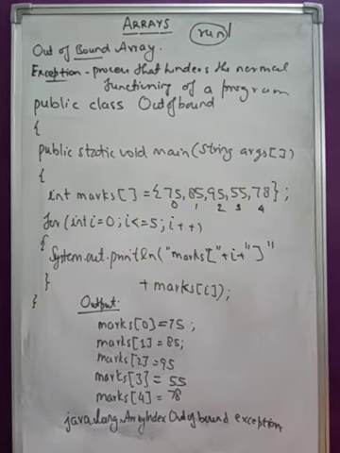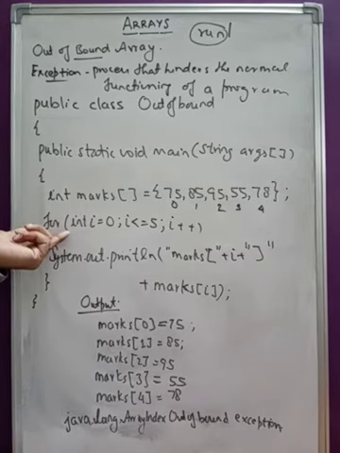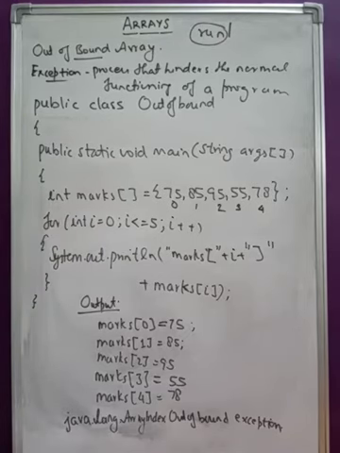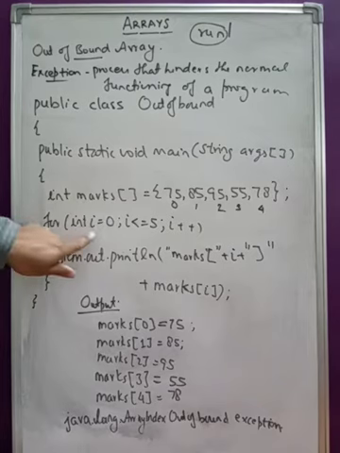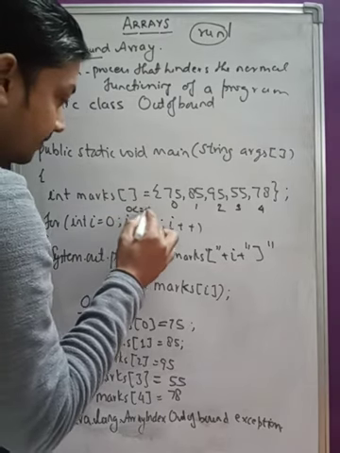Now we would like to print the values from the different indexes. For that we have started with a for loop where i is equal to 0, because the index number of an array starts with 0. We are checking the condition i is less than or equal to 5.